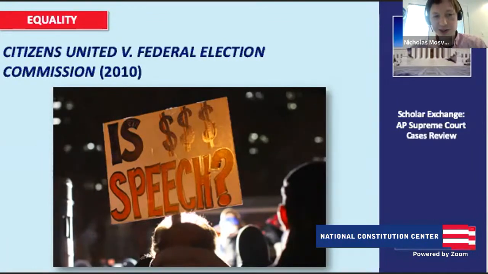And this case takes a pretty broad view of free speech rights, which is to say that you are a group of people as opposed to a single person, whether you're speaking as a nonprofit, a labor union, or a corporation, you do not have your free speech rights diminished just on that basis. And so therefore you can't restrain them in the ways that the government sought to do so.